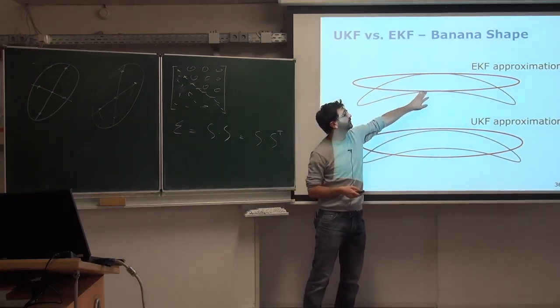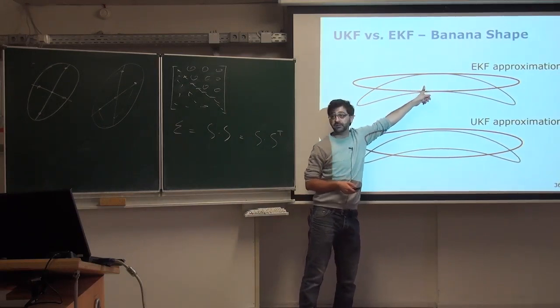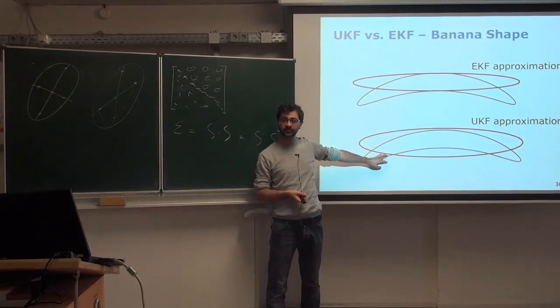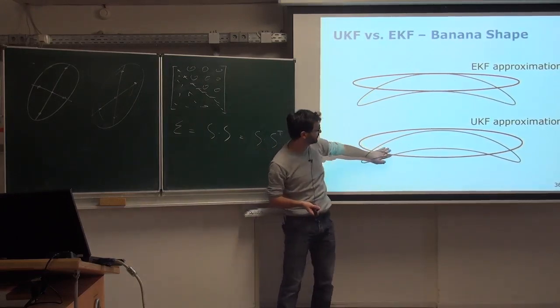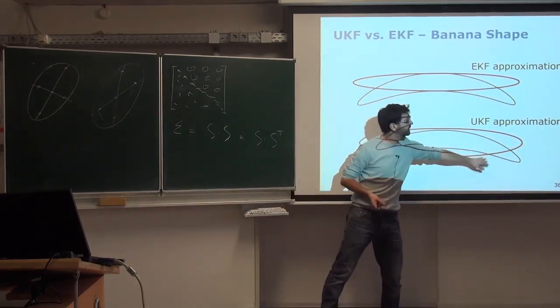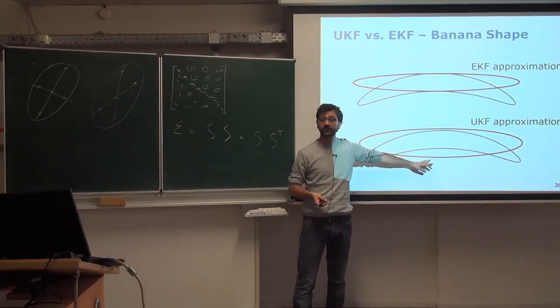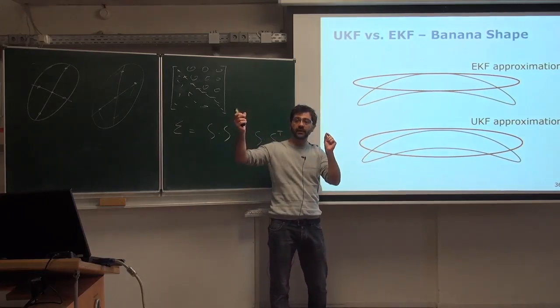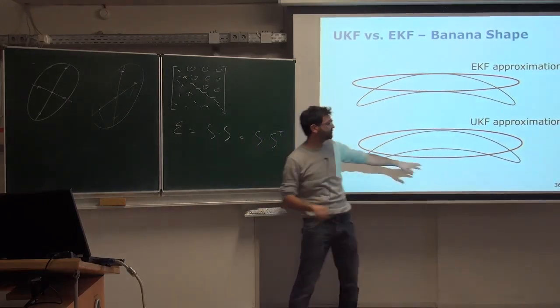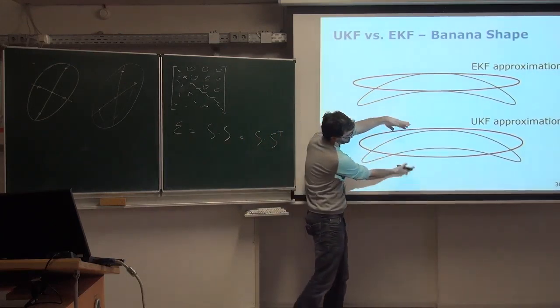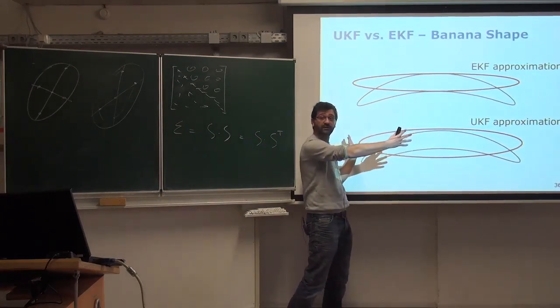This is the EKF approximation, so it only considers the mean here. And this is what you get with the unscented Kalman filter approximation. So you start to capture part of the uncertainty here and there. This Gaussian gets bigger down there. And the further away you place your sigma points, the more you will capture this part here, so these tails. So this will get larger and larger, and also larger in that direction.